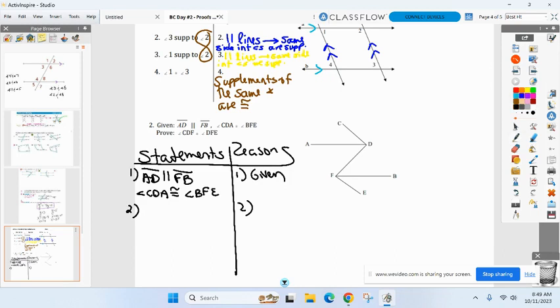Make sure we've got arrows on AD and FB, and arc marks on angle CDA and angle BFE. Make sure everything's labeled properly. Let you guys write everything in.